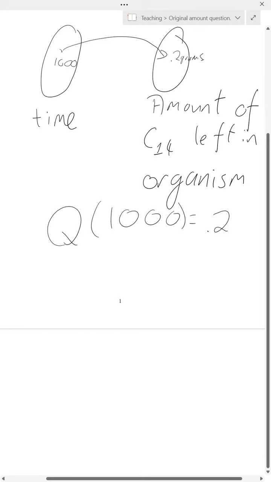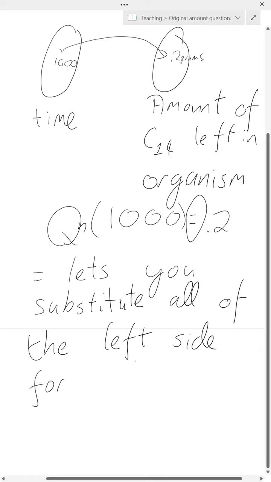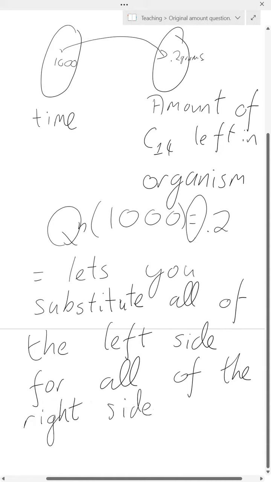So a key thing here is, what does equality let you do? The equal sign lets you substitute all of the left side for all of the right side. Okay?